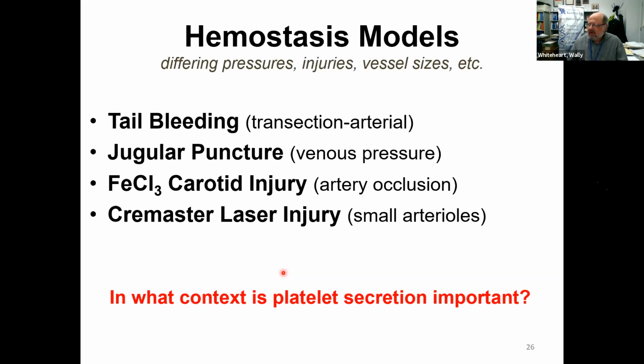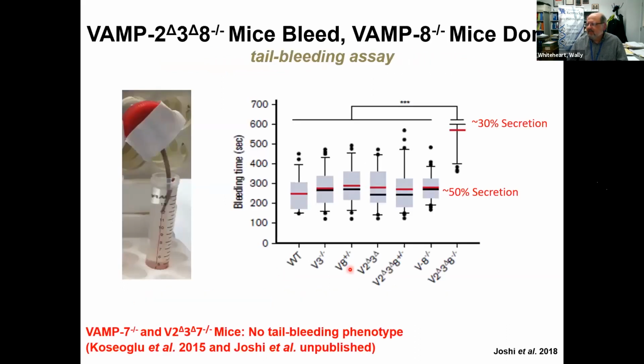Okay? So the question with all of these models is, under what context is platelet secretion really important, right? So for the tail transection model, basically there's not much phenotype. This is wild type. These are the various deletion models. None of these had any great effects on secretion anyway, so we expected them to look like wild type. When we get down here, that VAMP8 deletion animal, which started to have a secretion defect, really doesn't have a bleeding phenotype, right?